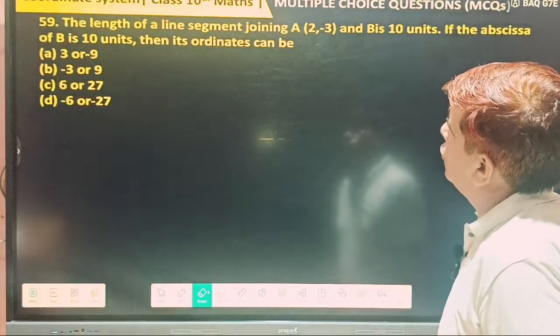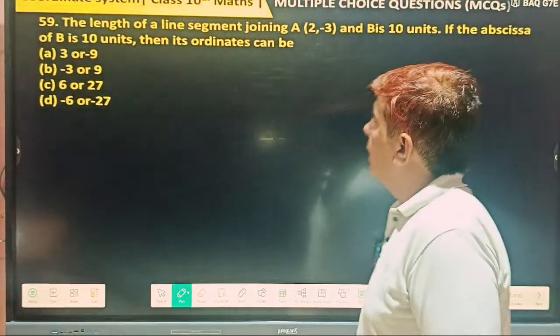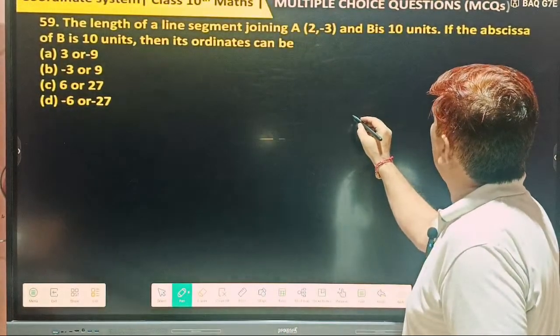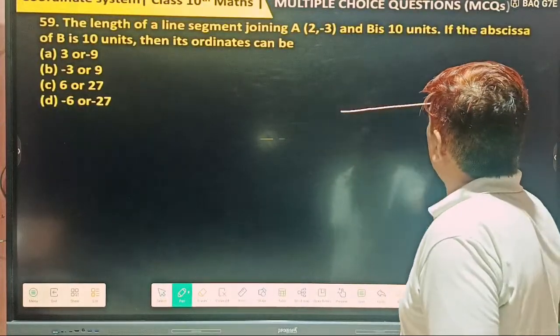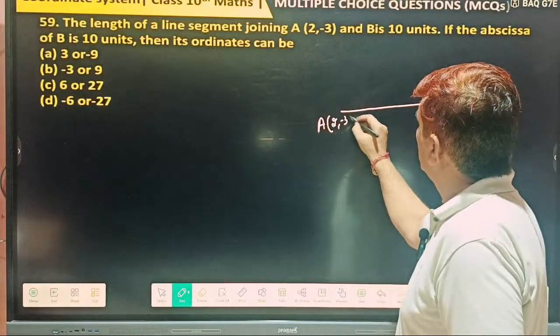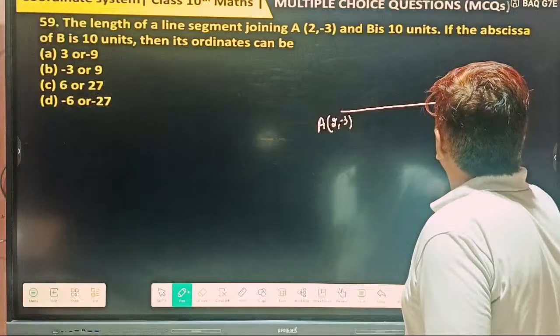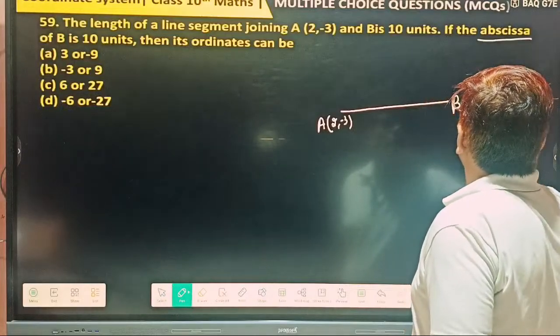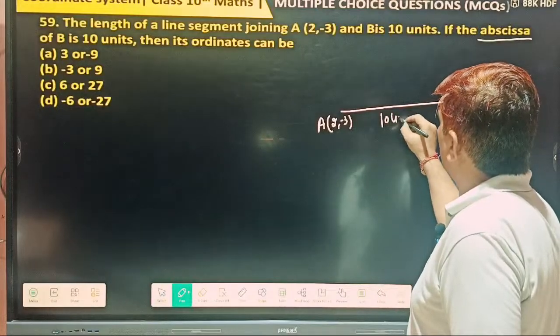The length of the line segment joining the points A and B. So this is given: A whose coordinates are (2, minus 3) and B whose abscissa is 10 and ordinate is y, and the total length is 10 units.